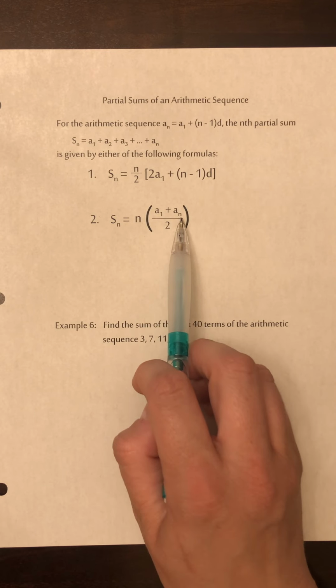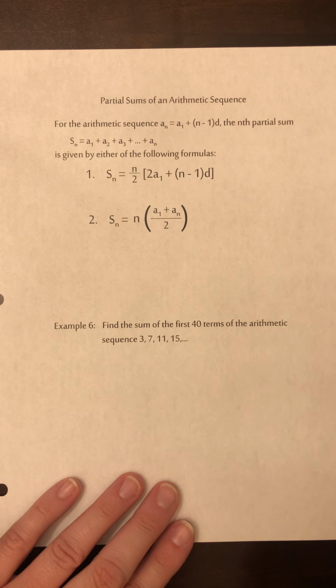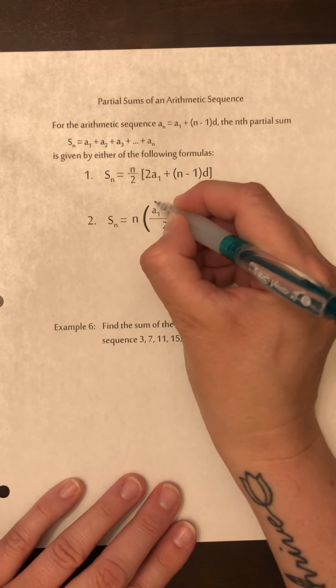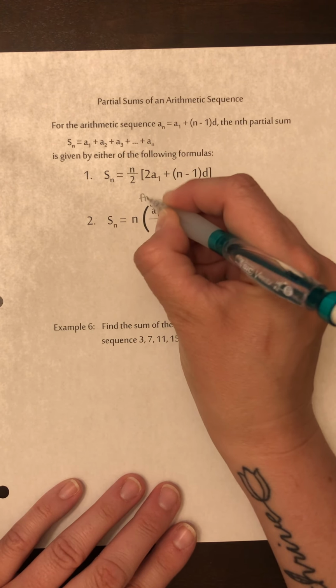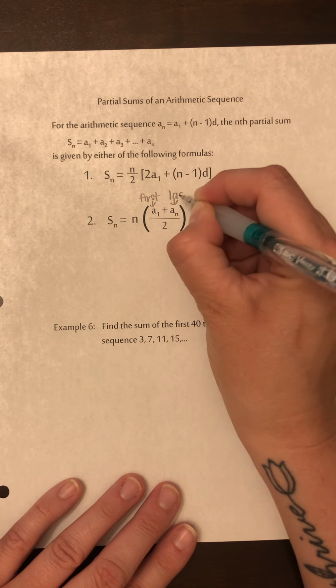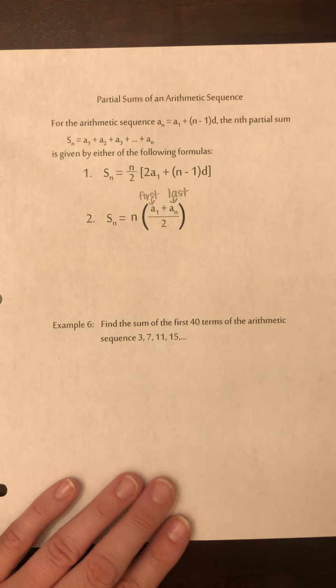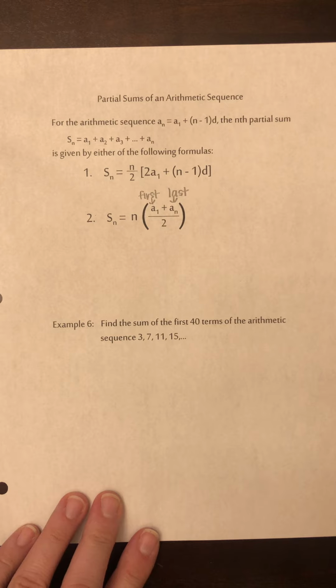And what would a sub n represent? It would represent the last term. So the a sub 1, you need to know the first term. A sub n, you need to know the last term. So it really is going to depend on what information you're given as to which one of those would be the easiest one for you to use.